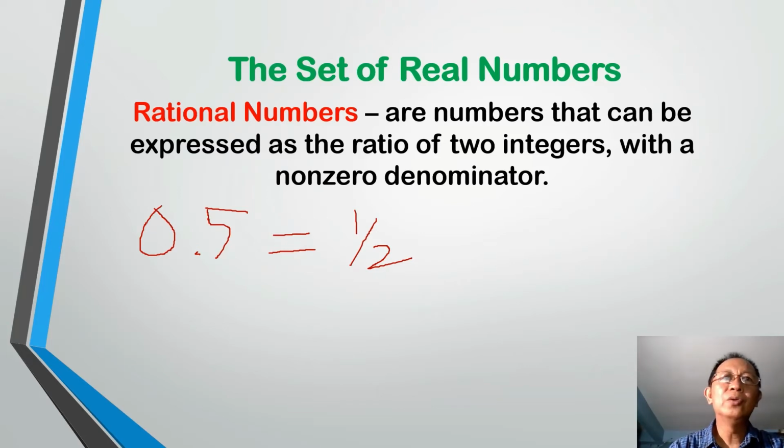How about negative 0.333, repeating and non-terminating decimals? How do we make it a ratio or fraction?